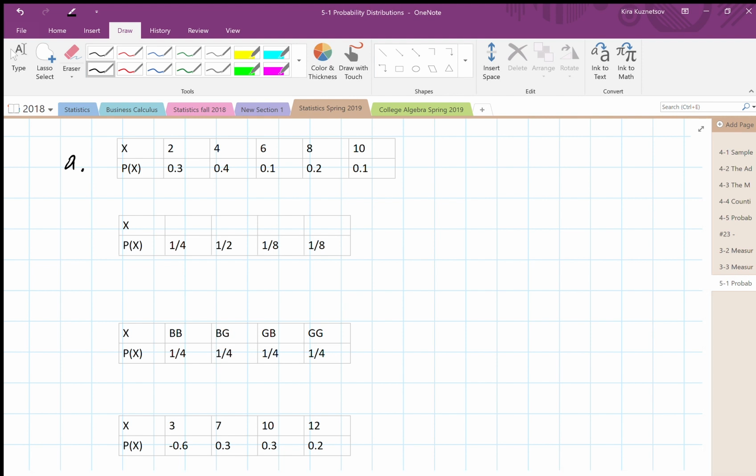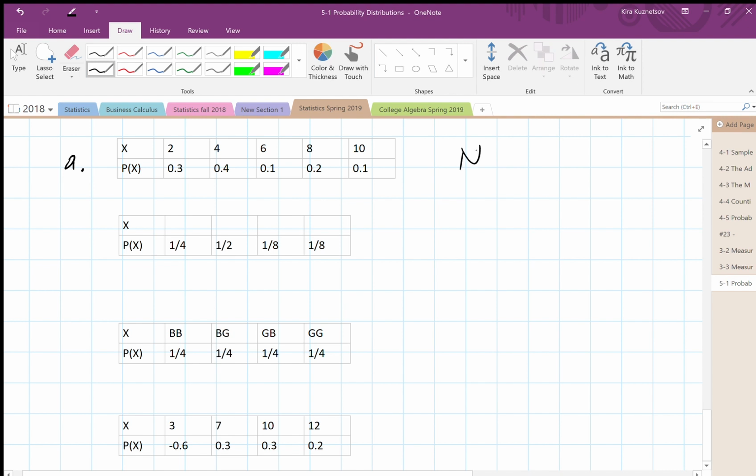I don't know what x are, so I'm just looking at it as a probability distribution. What I'd like to notice is 0.3, 0.4, that's 0.7. I'm adding stuff up. Another one that's 0.8, another 0.2, that's 1, and one more, that's over 1.